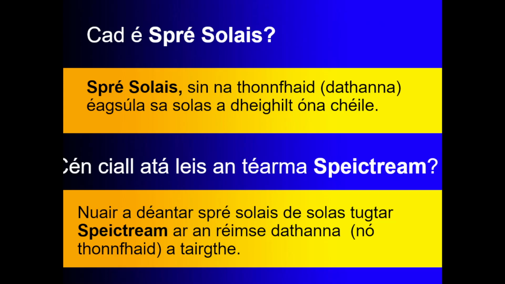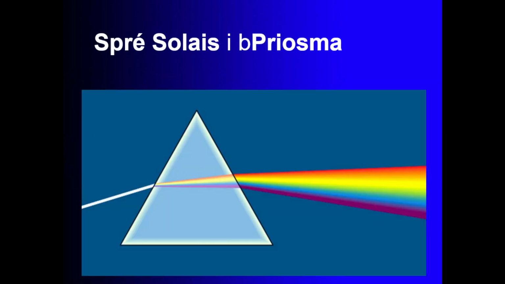Very straightforward. Now for the prism and refraction: red is the least refracted because it has the longest wavelength, and violet is the most refracted.